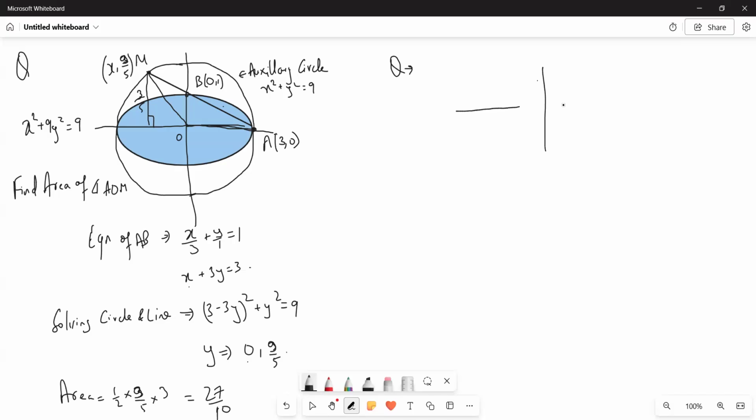The next question is something like this. Suppose we have an ellipse. It is inscribed in a rectangle, which is inscribed in another ellipse.